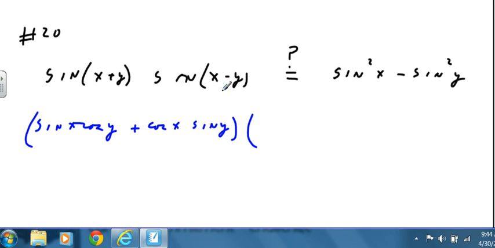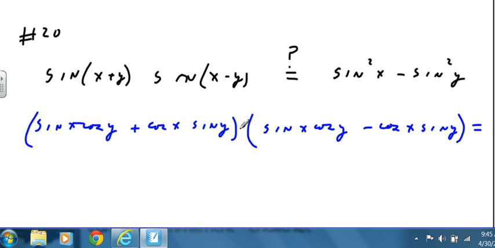And the sine of x minus y is sine x cosine y minus cosine x sine y.